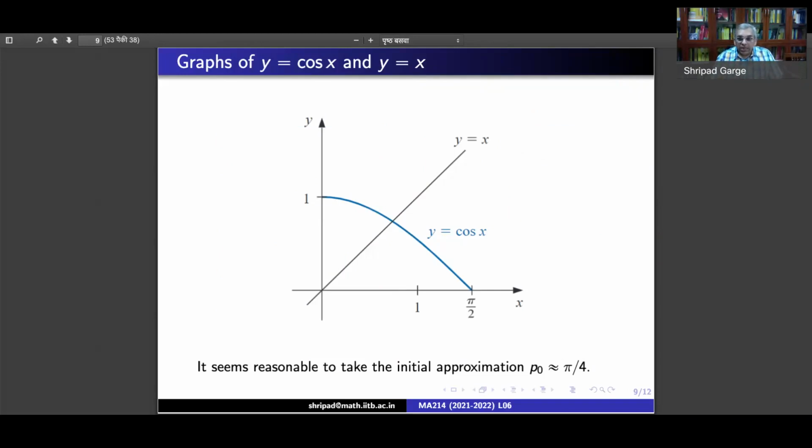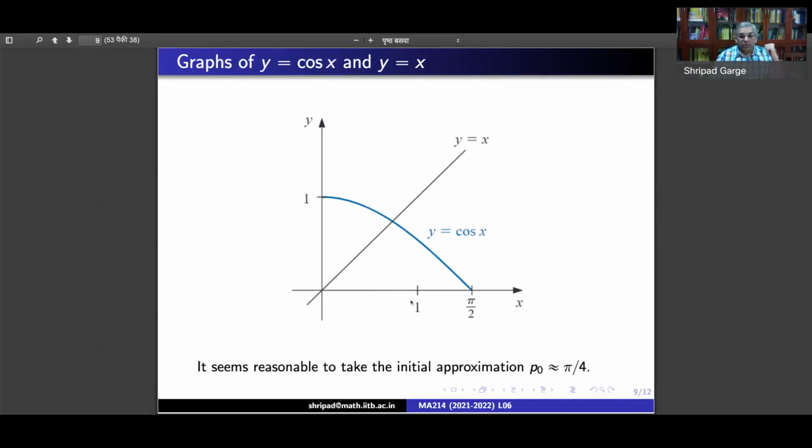So I start with pi by 4, which is somewhere here, just below 1. And when I take its value, here that value is lower than the fixed point. So I would be somewhere on the lower side. My next approximation p1 will be smaller than the fixed point. Then I take its value again. Now it has gone above the fixed point.